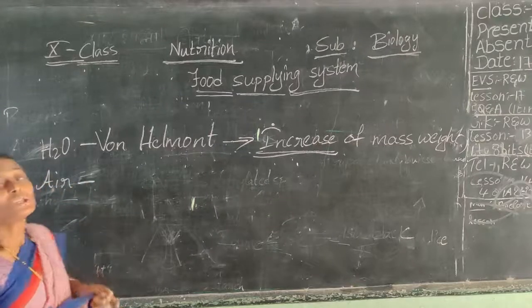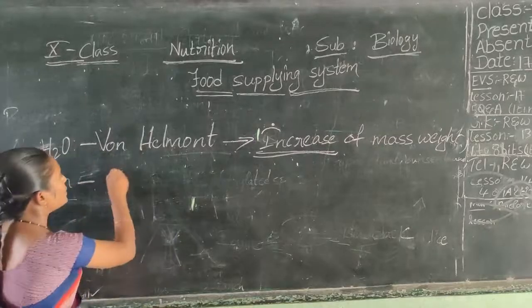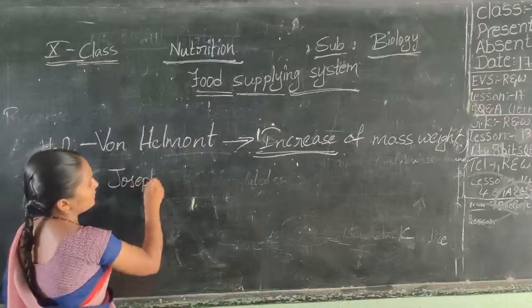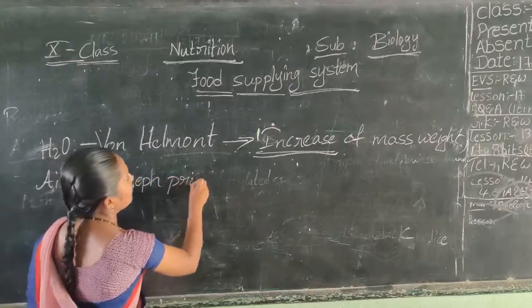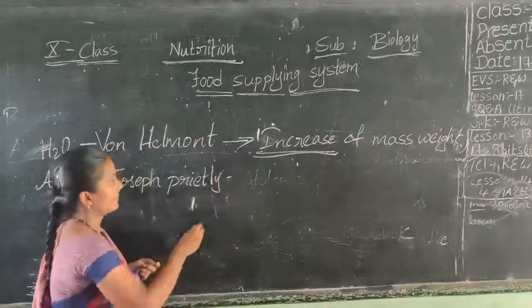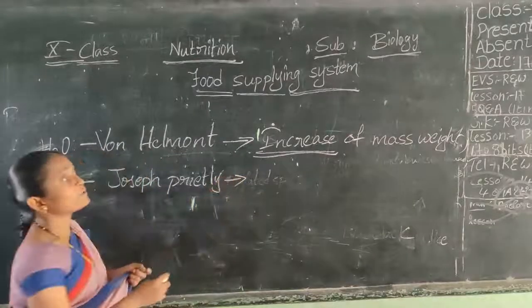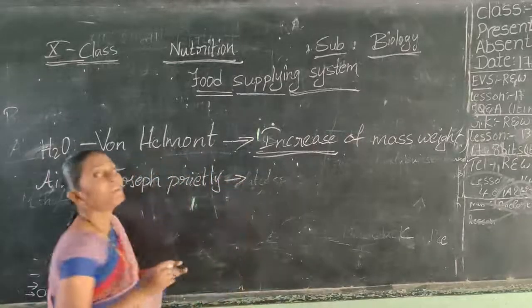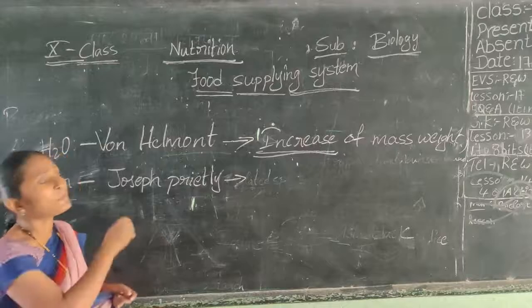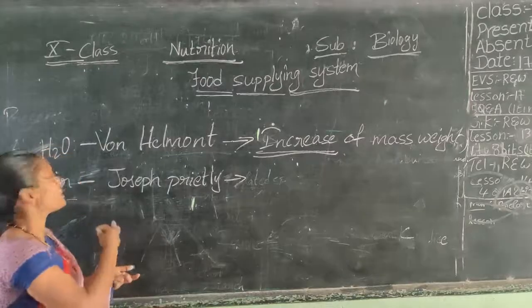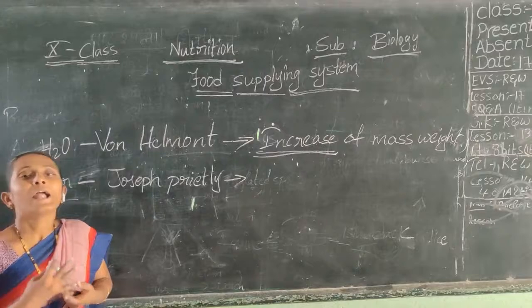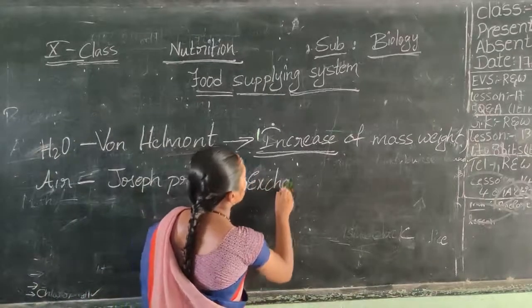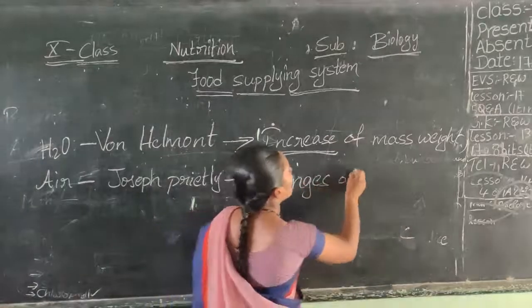Here Joseph Priestley observed that air plays a major role in the photosynthesis process, but he did not know the experiment here. The plants alone cannot play the major role in this process, but air helps to exchange the gases. So here he observed the exchange of gases.